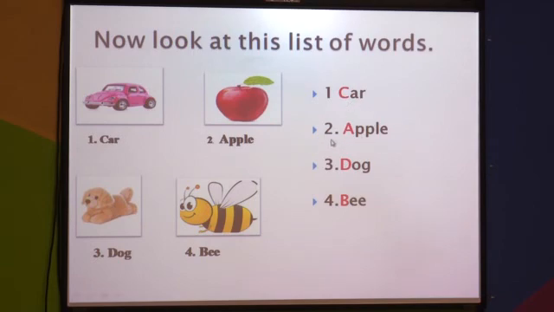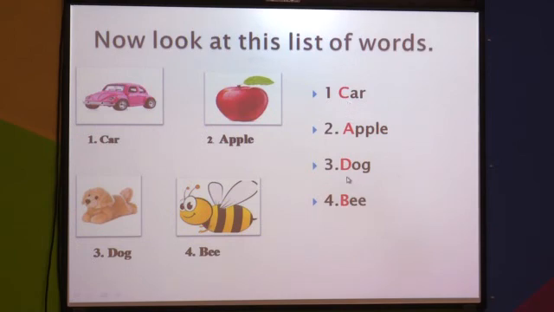Remember the letters in your mind, as we learned earlier: alphabetical order A, B, C, D. According to that we have to arrange the words. Here the first letters will come A, then B, then C and last D.